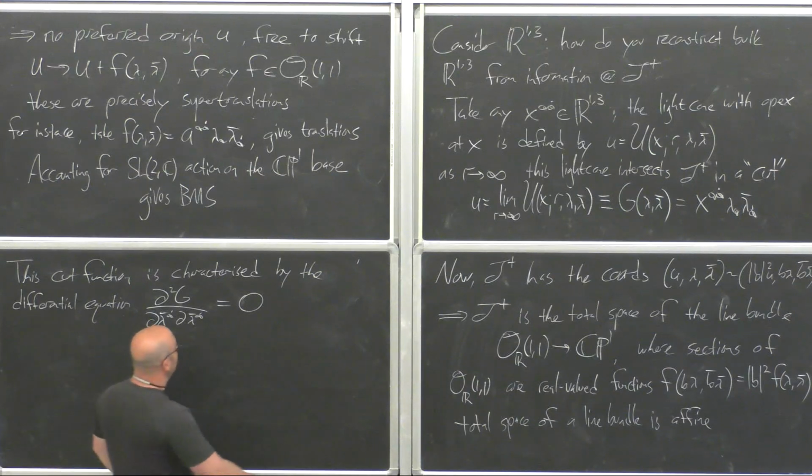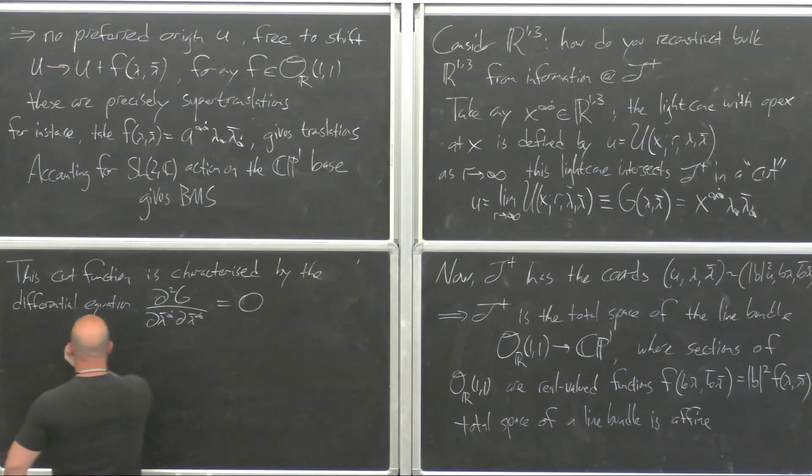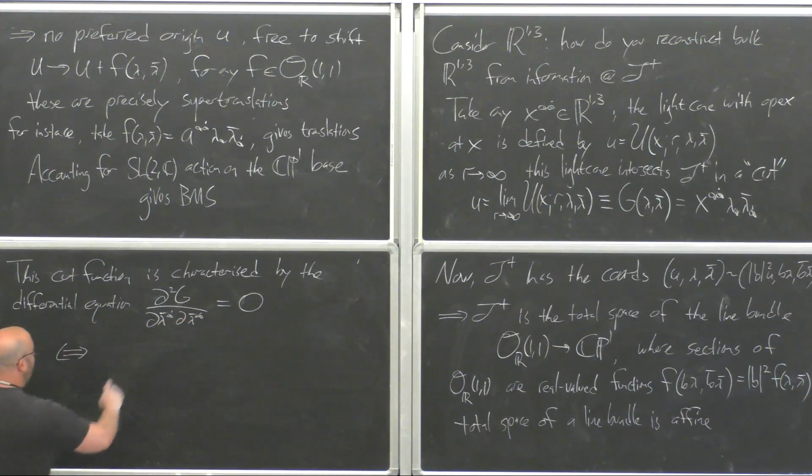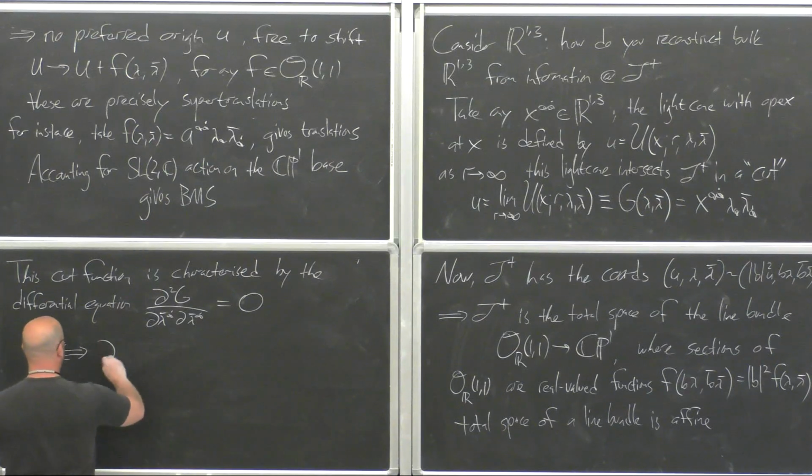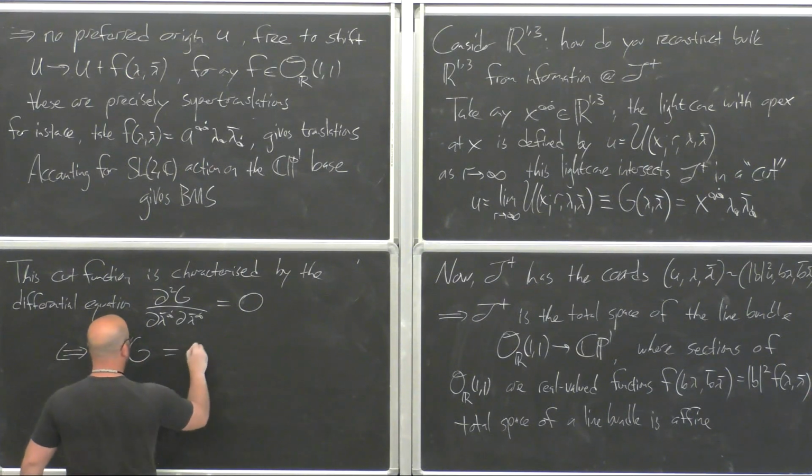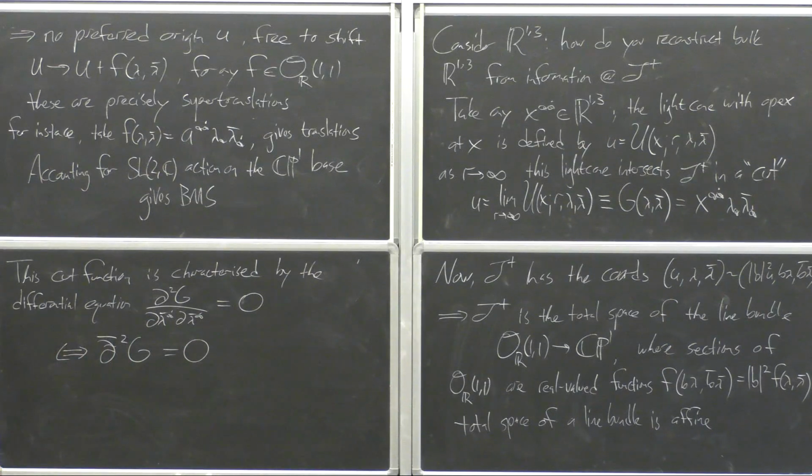And it turns out that that differential equation is the same as the differential equation ð bar squared acting on G is equal to 0. These are the same equation in our projective formalism. It's a fun exercise to convince yourself that this is true.